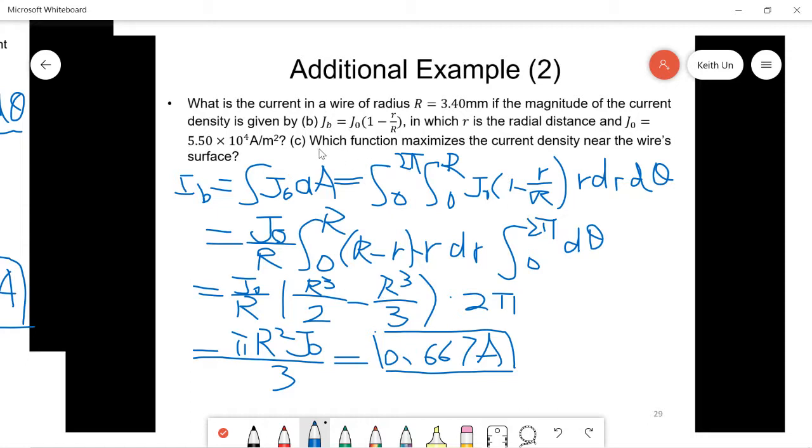So for question C, what function maximizes the current density near the wire surface? Of course, JA is the answer. Oh, no, should be JB.